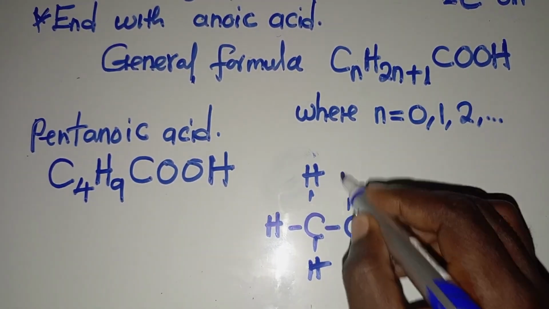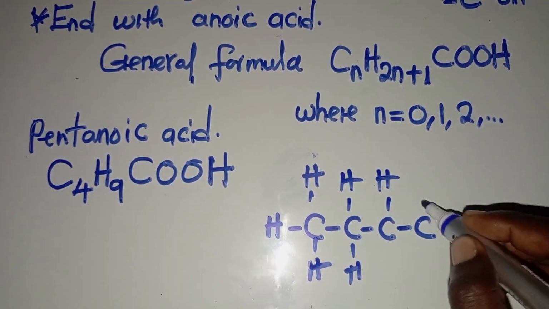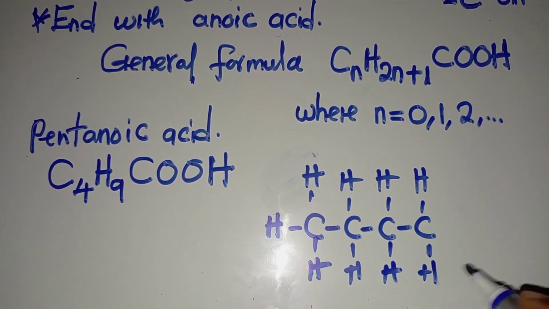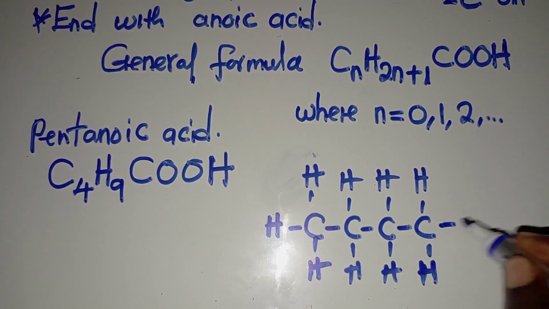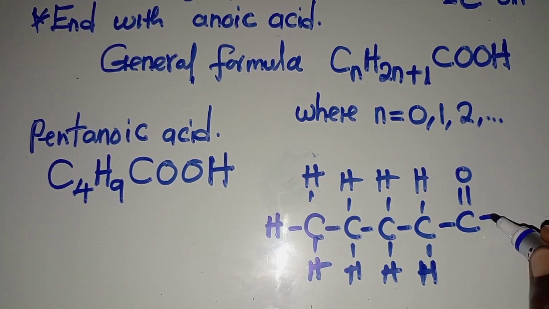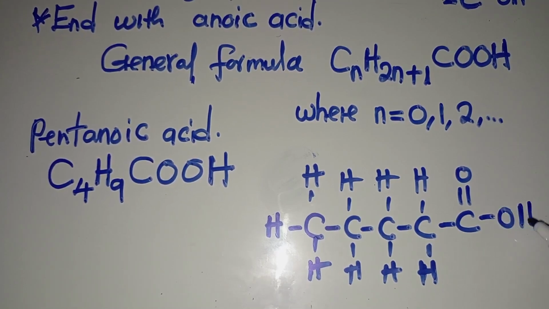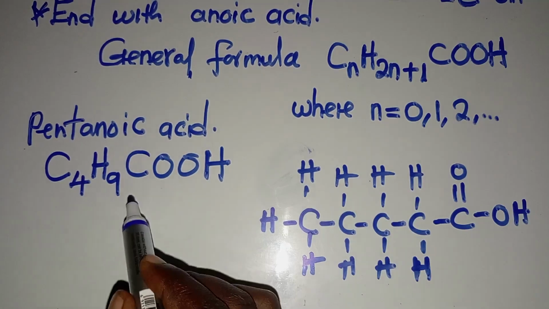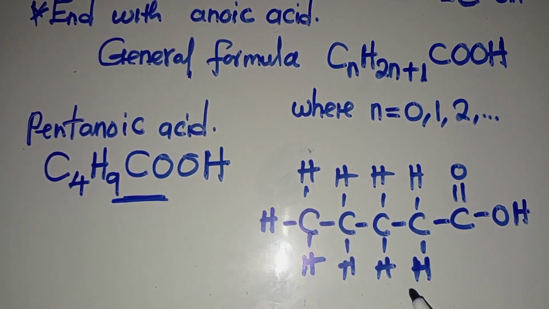Then I say C, then I put a double bond there. Then I put OH here. So this is what we get to call a structural formula. This is a chemical formula. This is a structural formula.